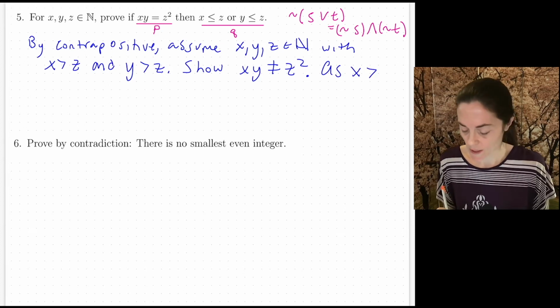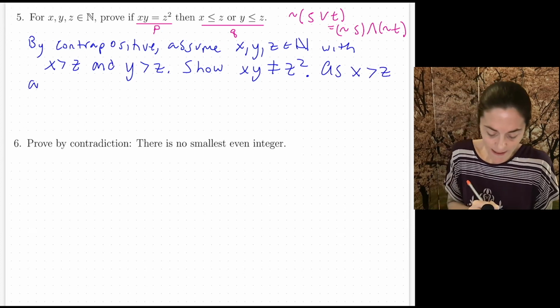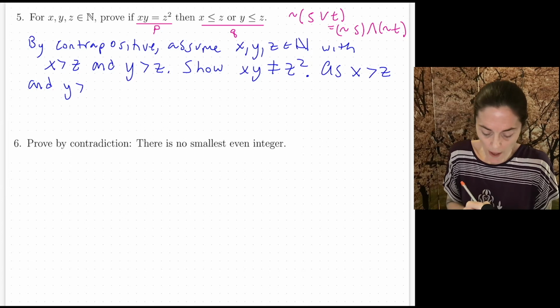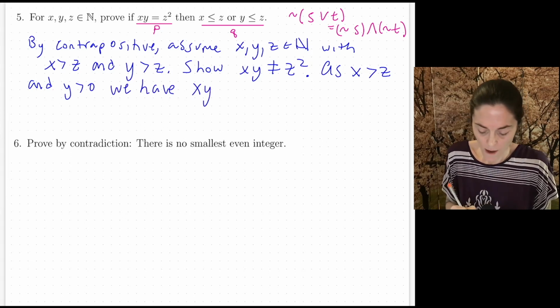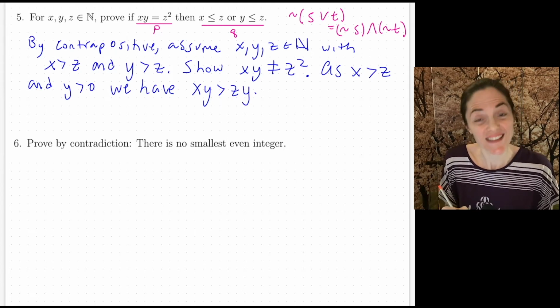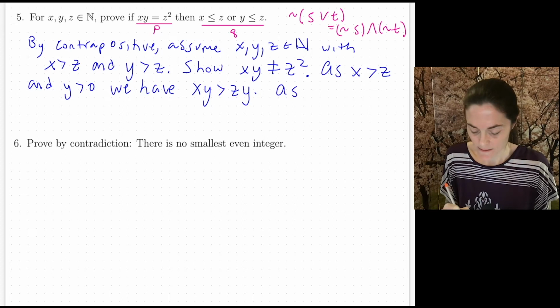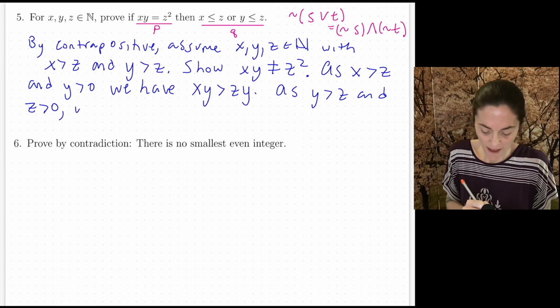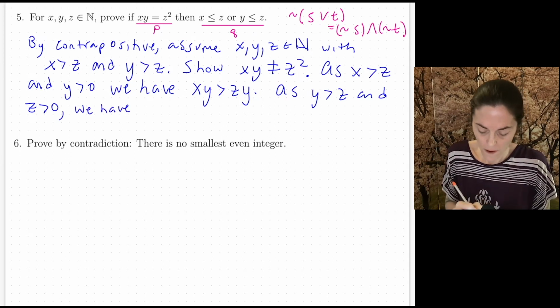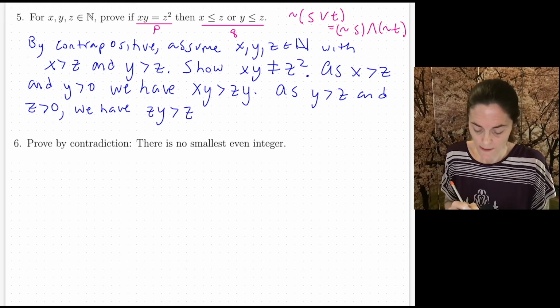As x is bigger than z and y is positive, we have that xy is bigger than zy. And we can do this again. As y is bigger than z and z is positive, we have, let's say, zy is bigger than z times z.